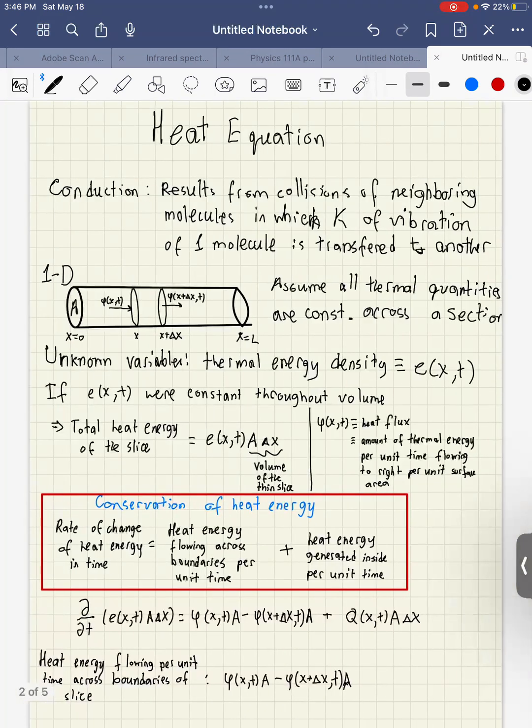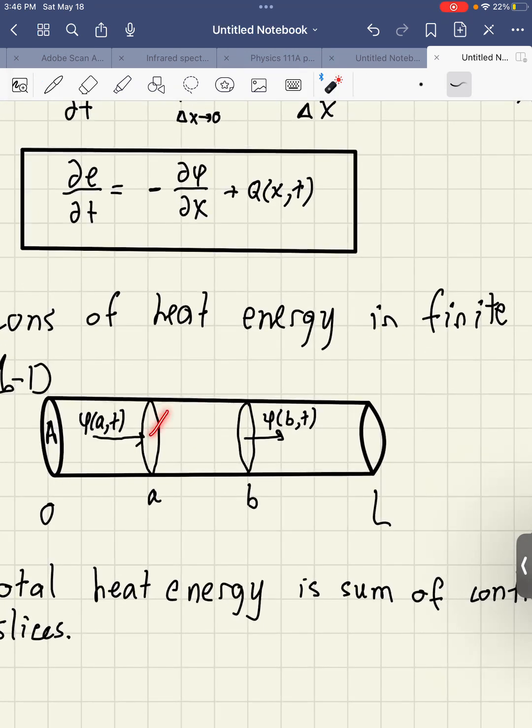All these things we have just done were for a very infinitesimally small segment. Now we have millions of them, an infinite number of these segments within our slice.